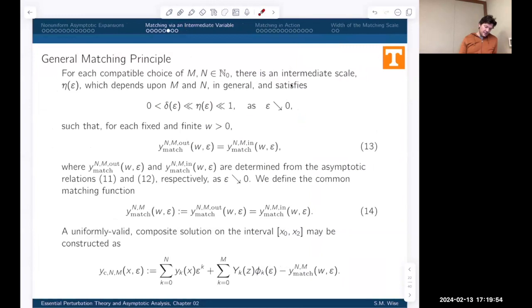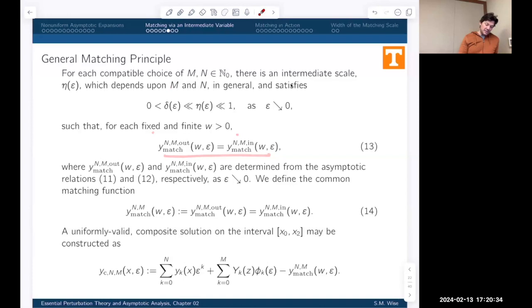Okay, so now here's the general matching principle. I think I can state it very quickly, and then we'll apply it next time. I'll start again with the general matching principle next time, and I'll repeat it, and then we'll go through it. So for each compatible choice of M and N, whatever that means, I can't tell you yet, it requires some theory, there is an intermediate scale, eta, which depends on M and N in general. The intermediate scale falls between 1 and delta, such that for each fixed and finite W, these two things match.